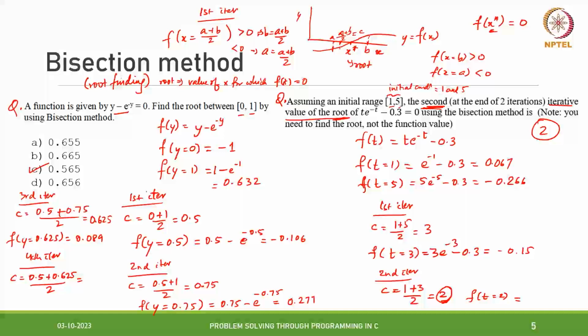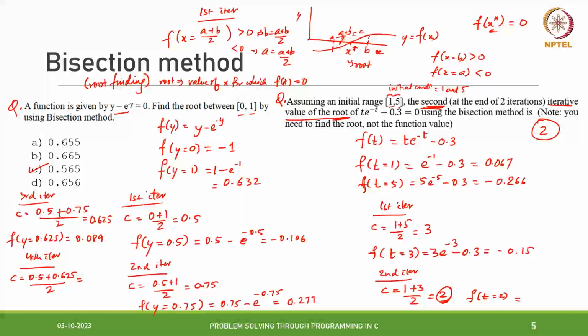We found here that it's a negative value, but you can see clearly that it is closer to 0 than we had at t equals 5. So this t value of 3 is closer to the root than the t value of 5, because the function value is coming closer and closer to 0. That means you are reaching closer and closer to the root.